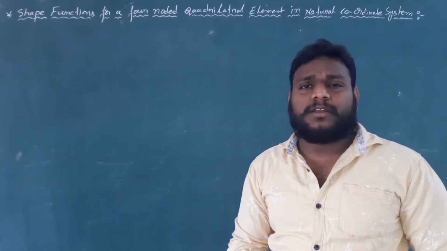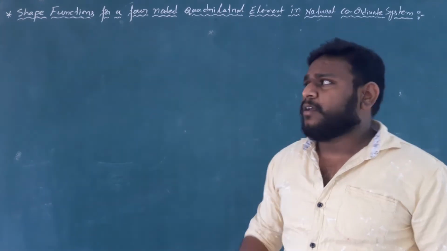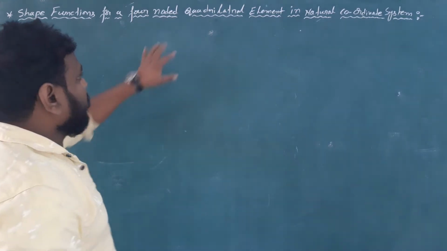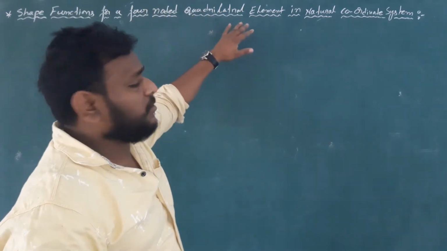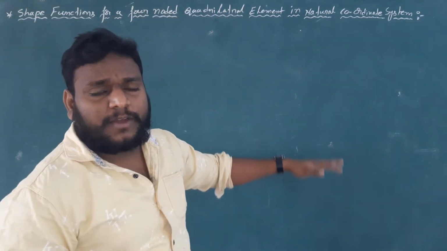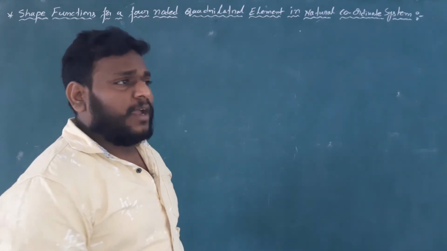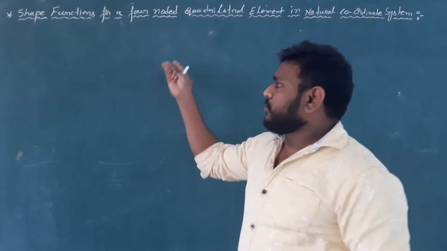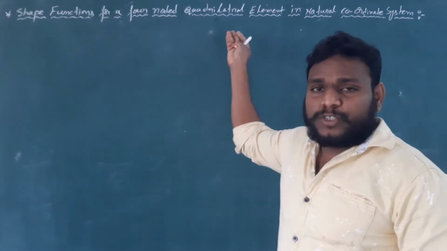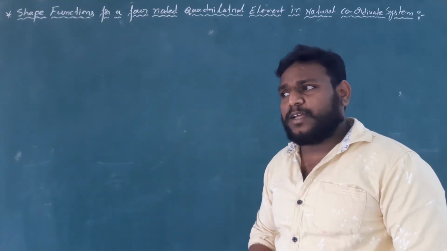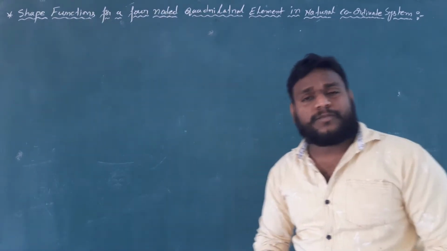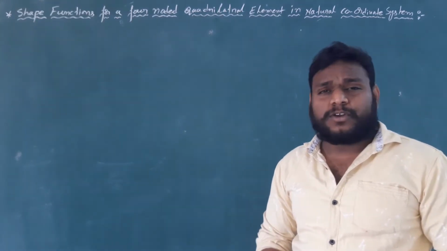In this video we learn how to derive shape functions for the four-noded quadrilateral element in the natural coordinate system. Without shape functions we cannot solve some problems in our FEM, that is, in our finite element method. This is very important from the subject point of view as well as the exam point of view.